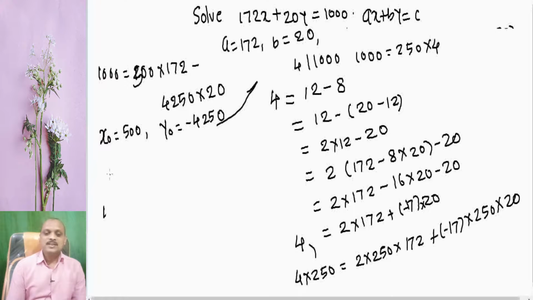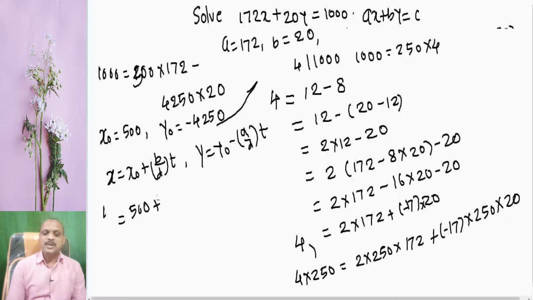Now to find the general solution, x equal to x0 plus b divided by d into t, and y equal to y0 minus a divided by d into t. This is the formula. So x equal to 500 plus, what is b? b is 20. What is d? d is 4, into t.